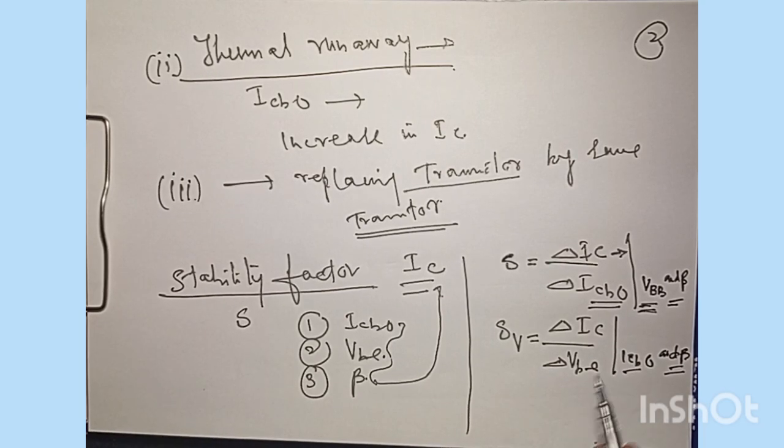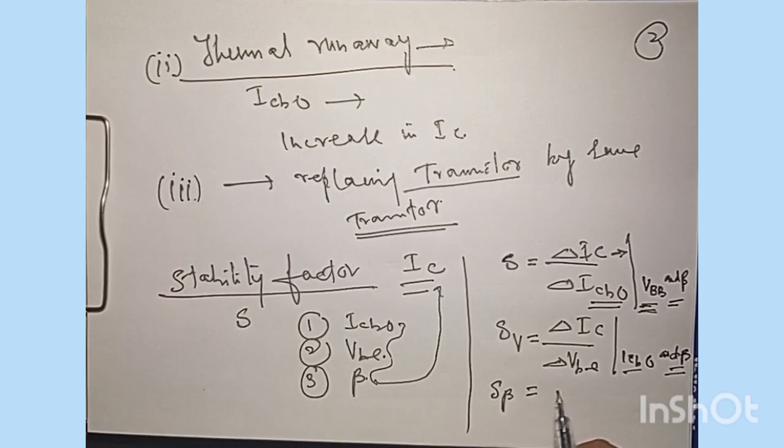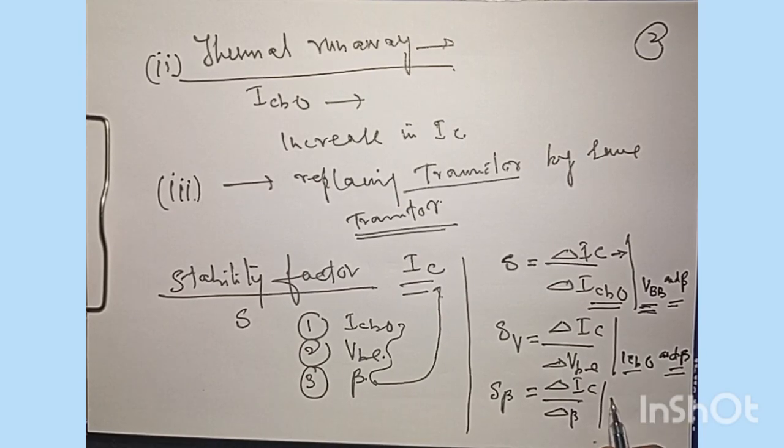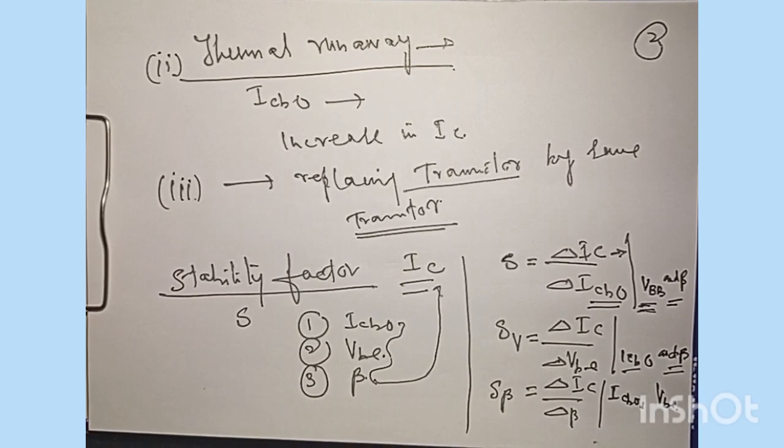And finally, we can have S beta, and this stability factor can be defined as delta IC by delta beta, and there ICBO will be constant, and VBE will be constant. So this stability factor can have these three ways by virtue of which we can define the stability.